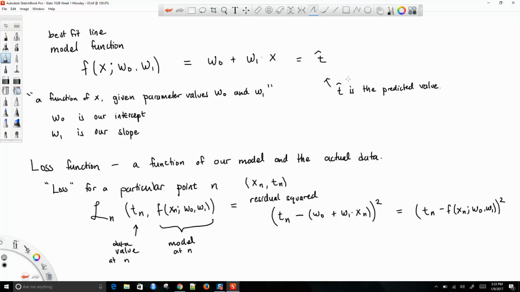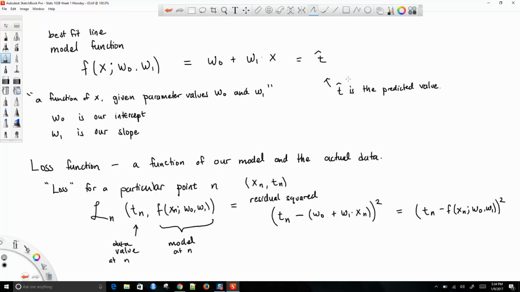Okay, and then the loss function overall will be, we're going to find the loss for everything and add them up. Oftentimes when we're talking about loss functions, we talk about the average loss.